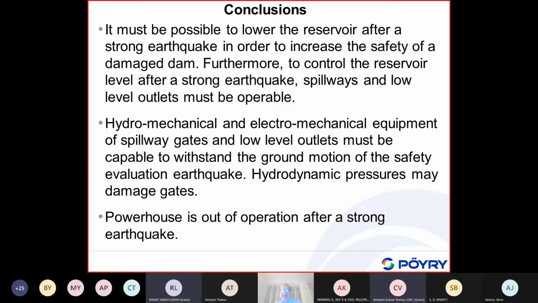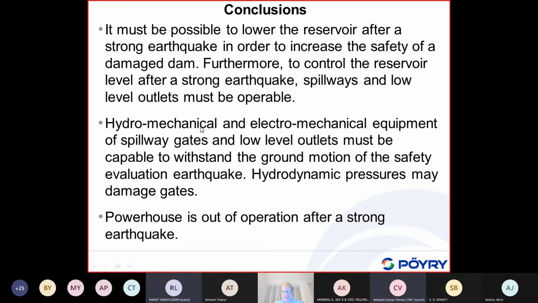Furthermore, as I mentioned also, to control the reservoir after a strong earthquake, spillways and low-level outlets must be operable afterwards. If this is not the case, I have shown some examples, the dam would be overtopped. And you have seen here the intermediate level spillway, for example, was not functioning, but the morning glory spillways were still okay.